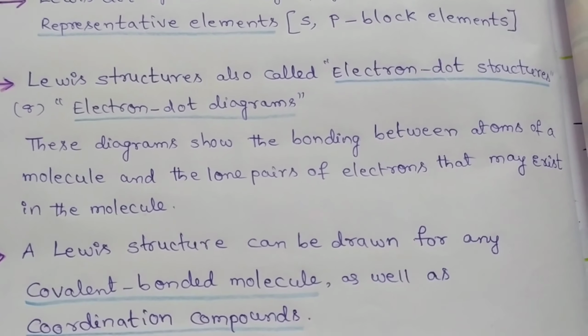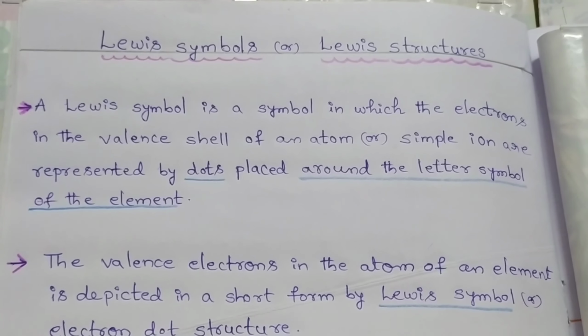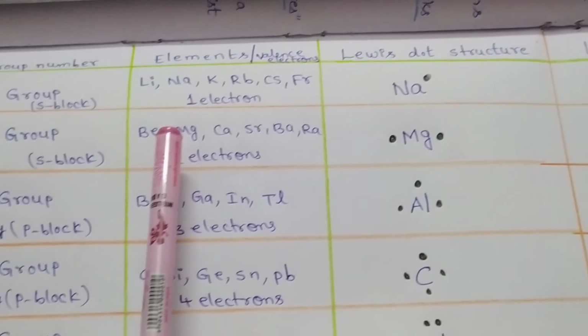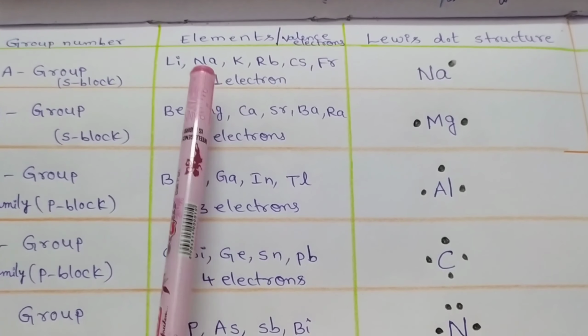That means the Lewis dot structure is mainly used to show the formation of covalent bonds between the atoms. Now we can apply Lewis symbols or Lewis structures for representative elements.